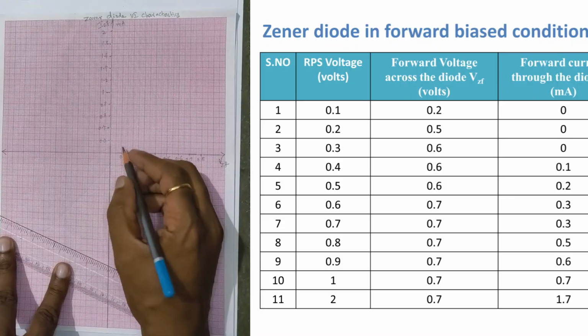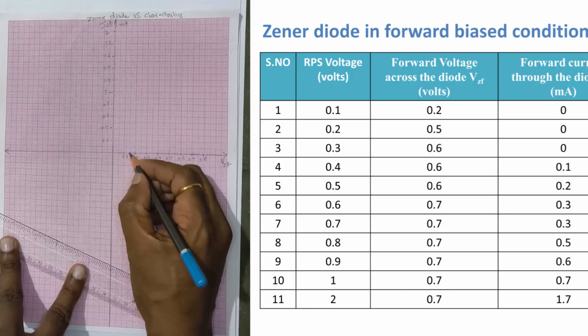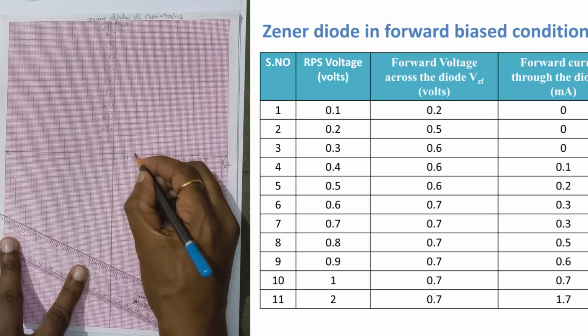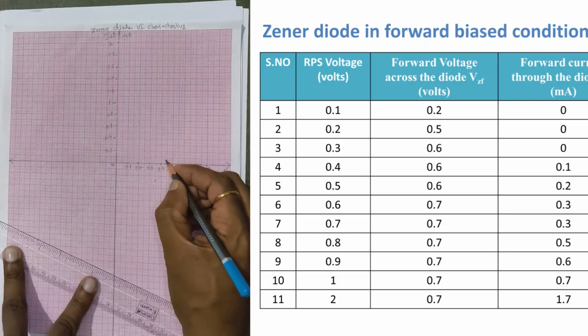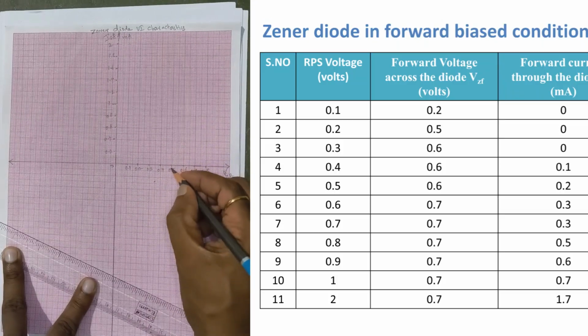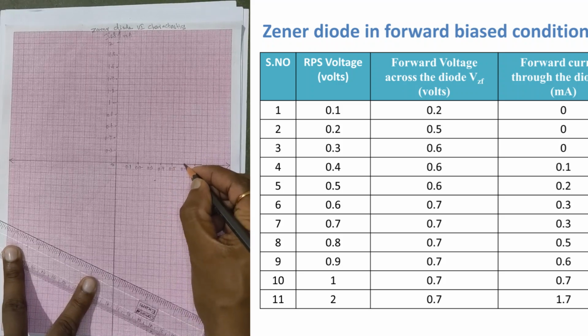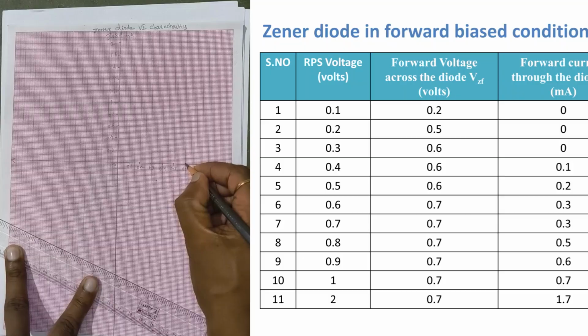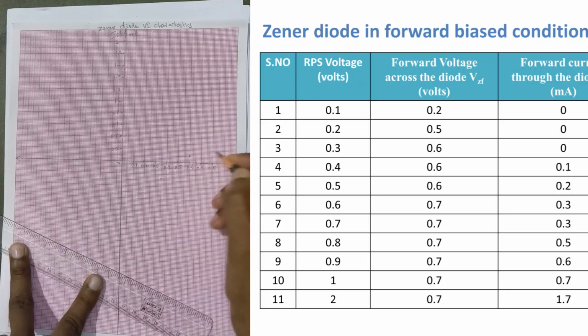Now to plot the graph, if you observe the table, at 0.1 and 0.2 the value of current is 0, and at 0.5 the value of current is 0, at 0.6 the value of current is 0. Now it varies: at 0.6 the value of current is 0.1. This is the corresponding point.